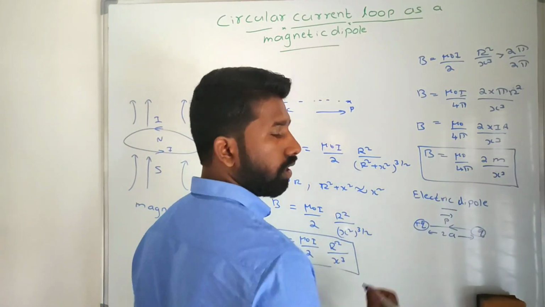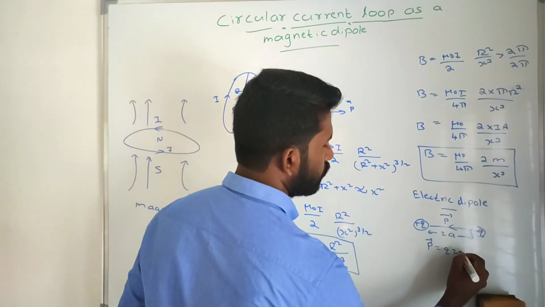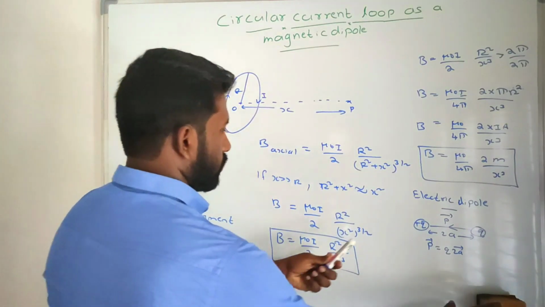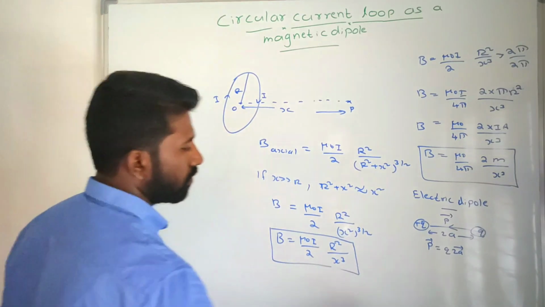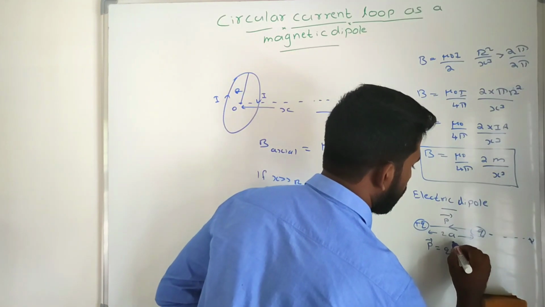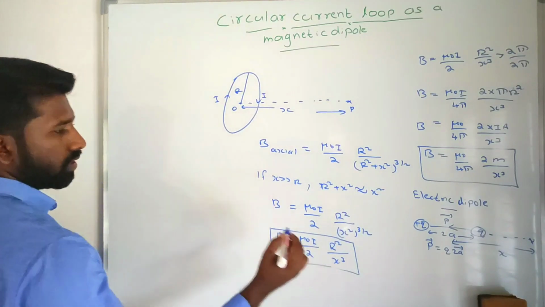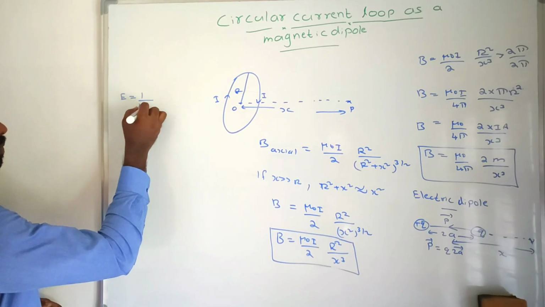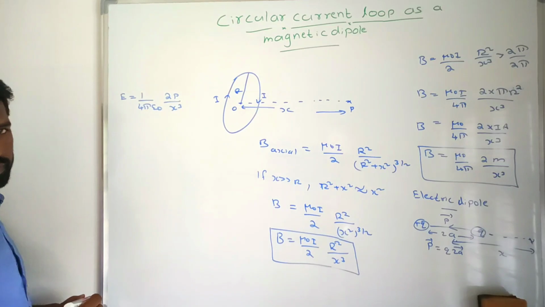So P is the electric dipole moment, that is P is equal to q into 2a. Okay, clear? So the electric field at a point along the axial line, that we already know, if the point is x distant from the center, the electric field formula is 1 by 4 pi epsilon naught, 2P divided by x cube.